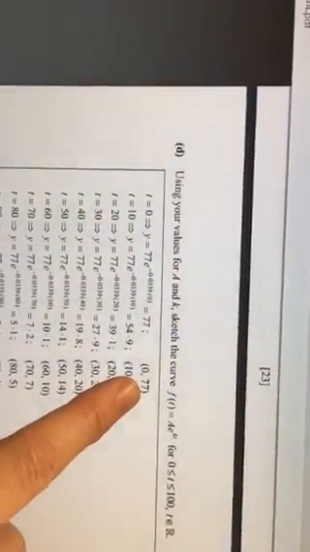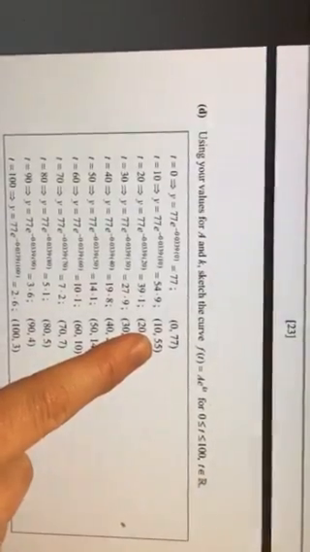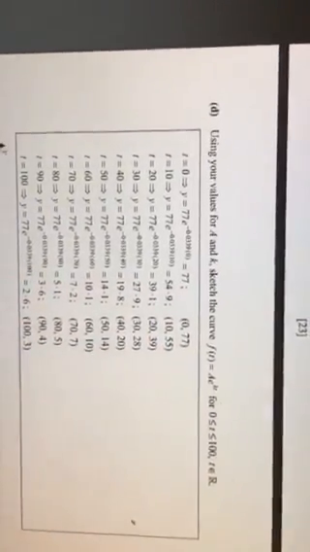So if we just even have a look here, when t is 0, the output is 77. So 0, 77, plot it. When t is 10, the output is 55. 10, 55, there's your point, plot it, and see what your graph looks like.